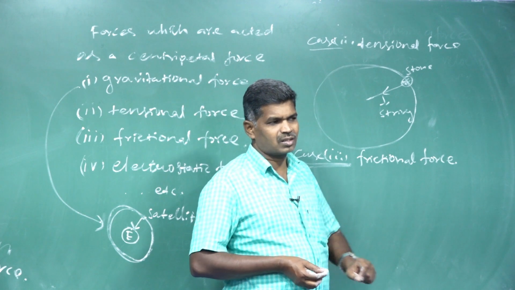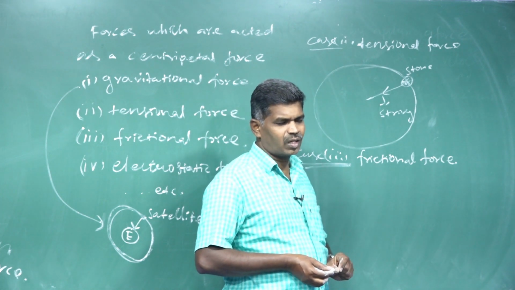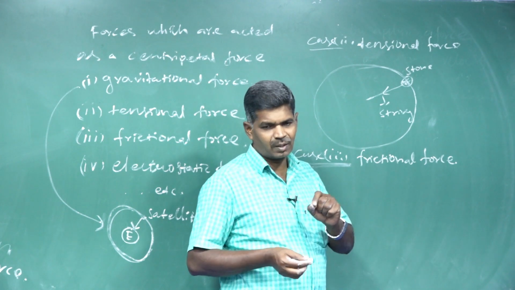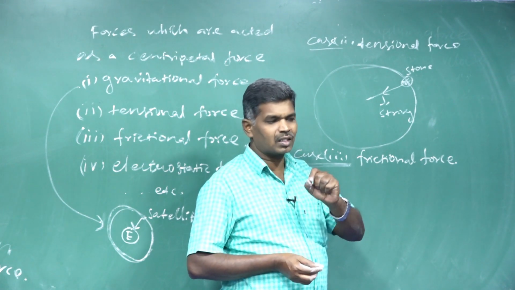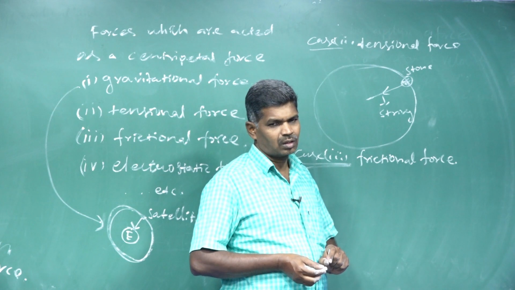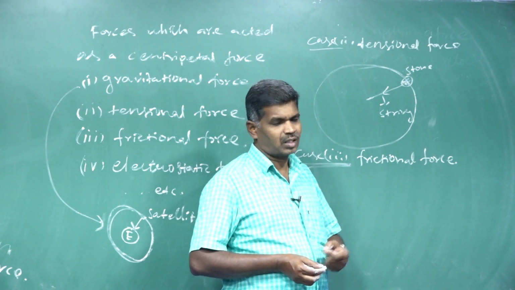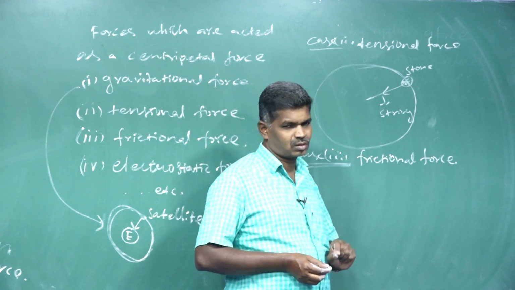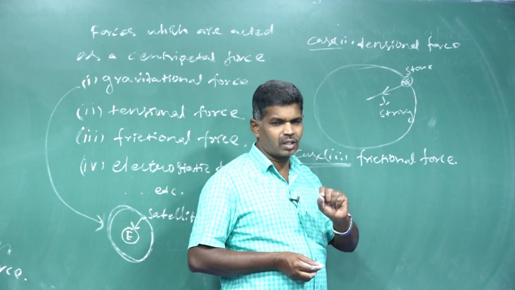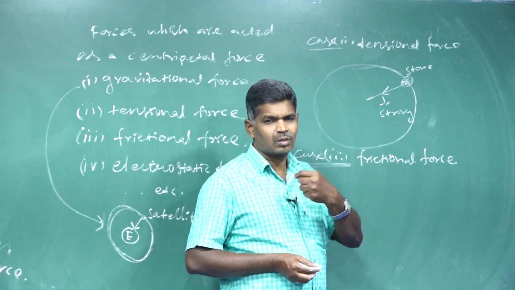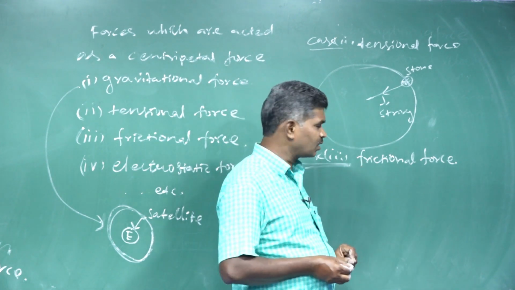While covering the circular track, some external force acts on the car between the tire and the road. That external force is frictional force. That frictional force provides the centripetal force for the car to cover the circular track.